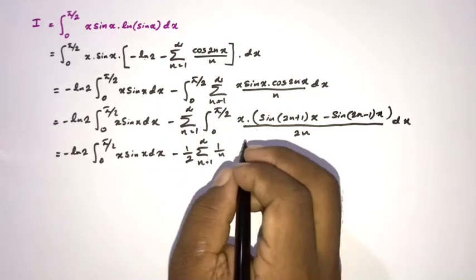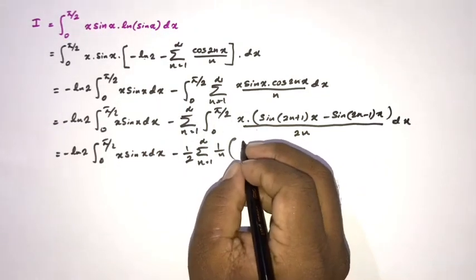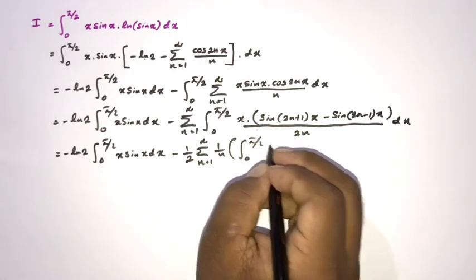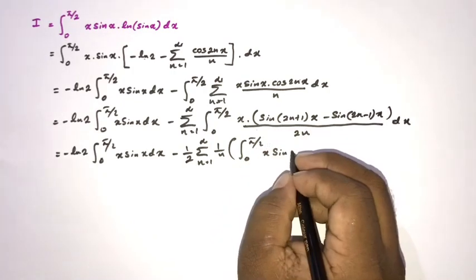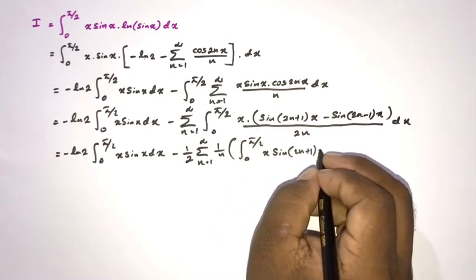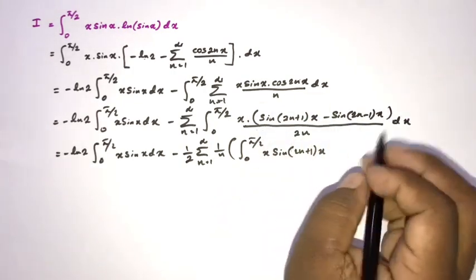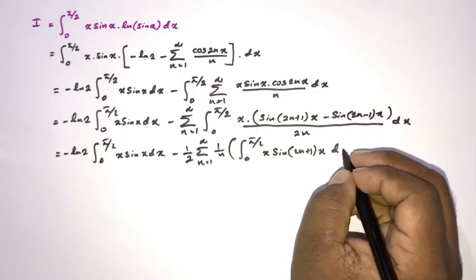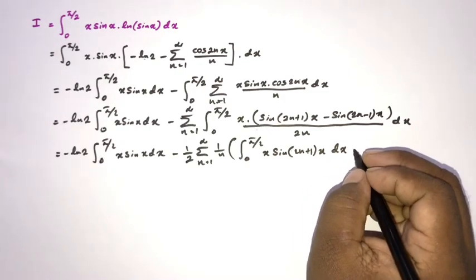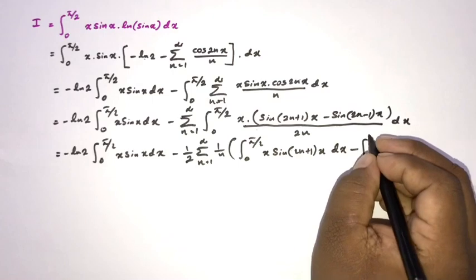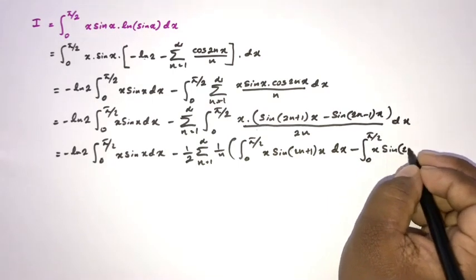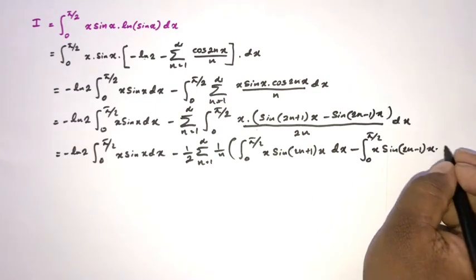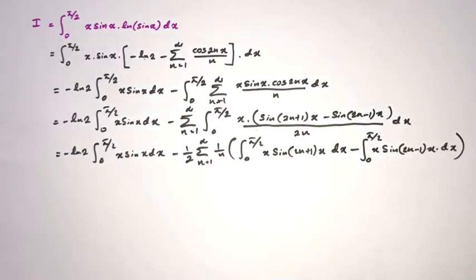So this is equal to the integral from 0 to pi over 2 of x times sine of (2n plus 1)x dx, minus the integral from 0 to pi over 2 of x times sine of (2n minus 1)x dx.